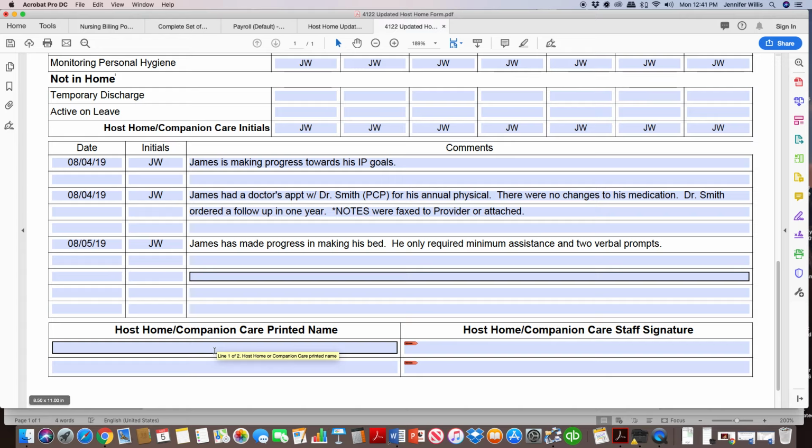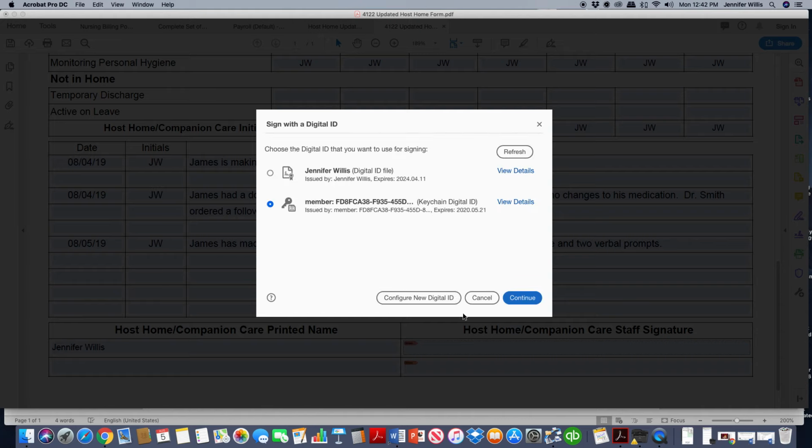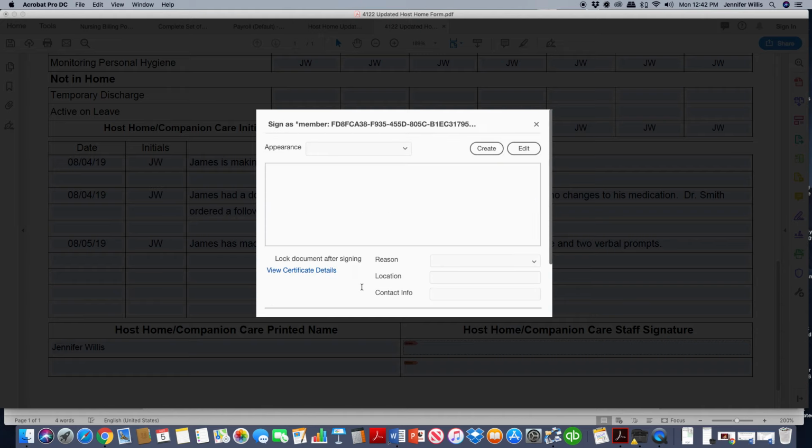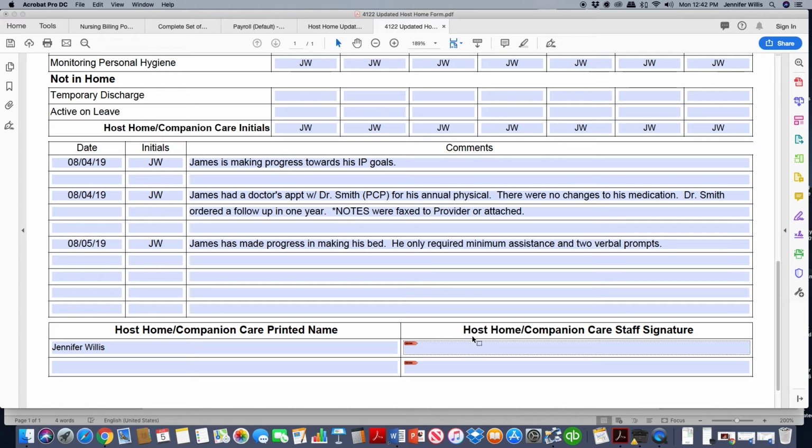And once we've completed that, you're going to simply print your name and then sign. This is going to ask me for an electronic signature, which you can have if you know how to set this up, and it will digitally sign for you. This is acceptable for those who want to do this online.